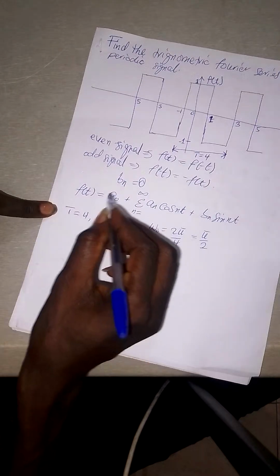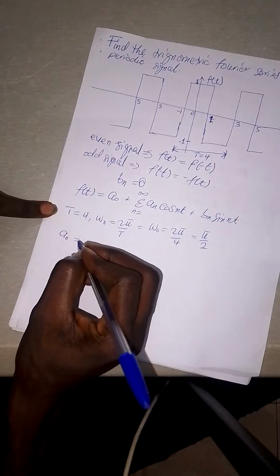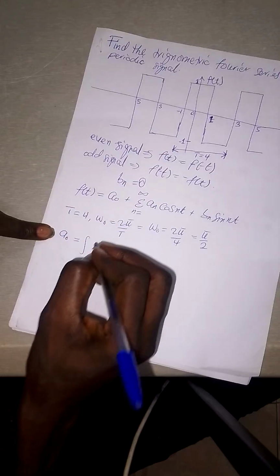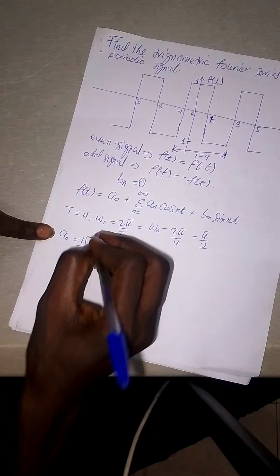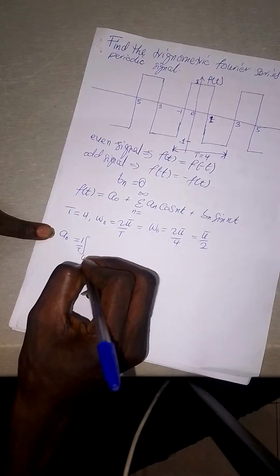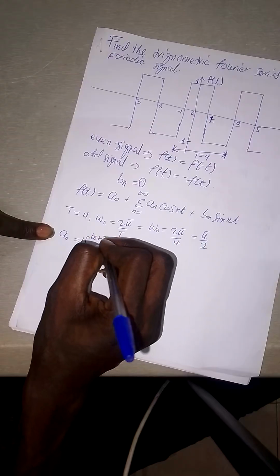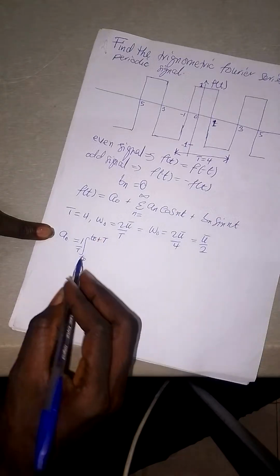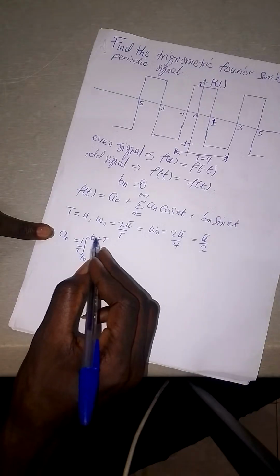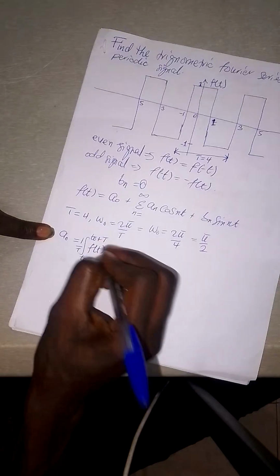So a naught is equal to 1 over T times the integral from t naught to t naught plus T.